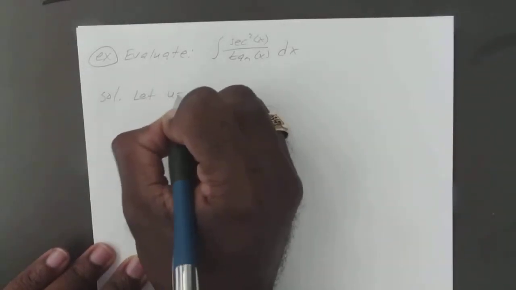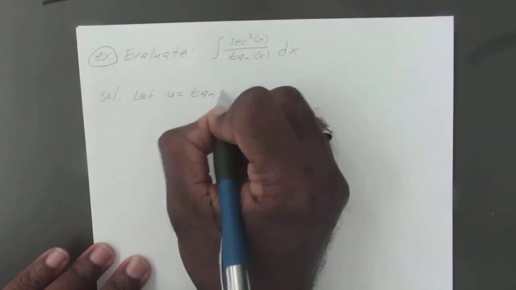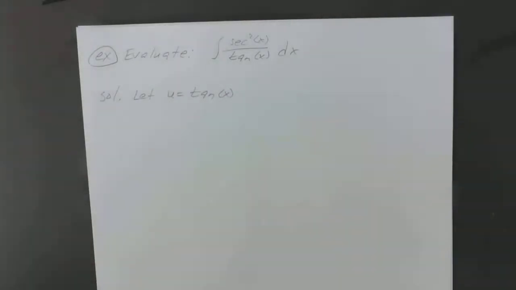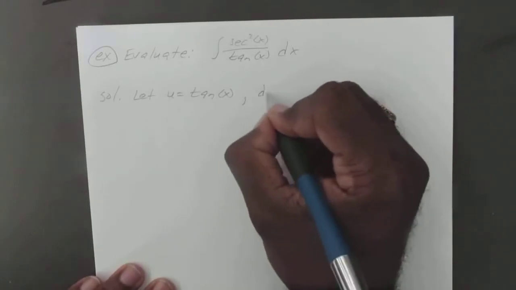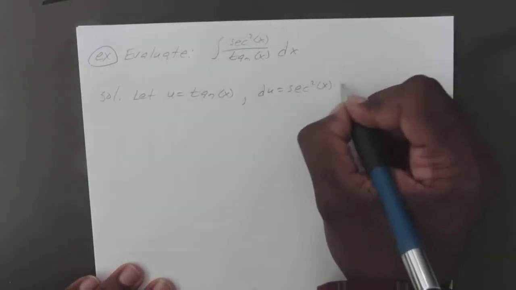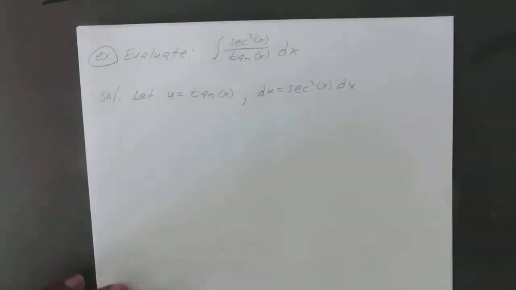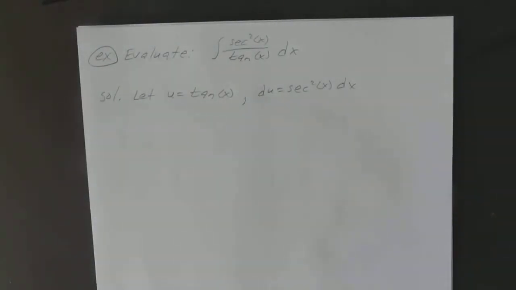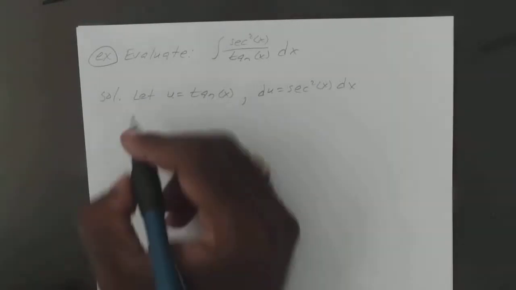So in this case, we want to let u equal tangent x. So we know the derivative of tangent x is secant squared x. That means our du will equal secant squared x dx.